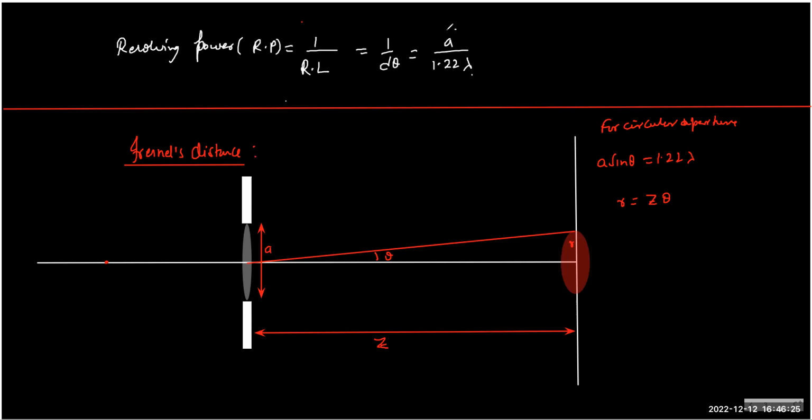So if I want to define it, it is the distance at which the size of the central bright fringe equals the aperture size.